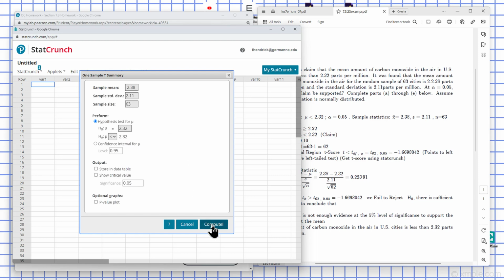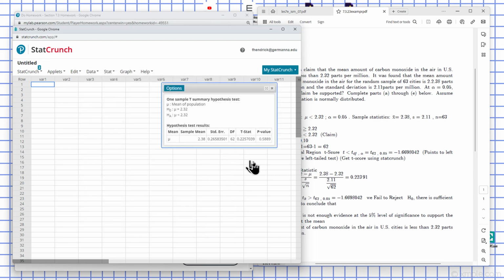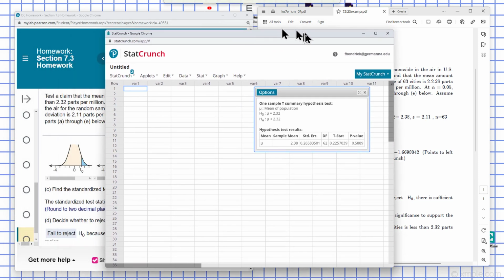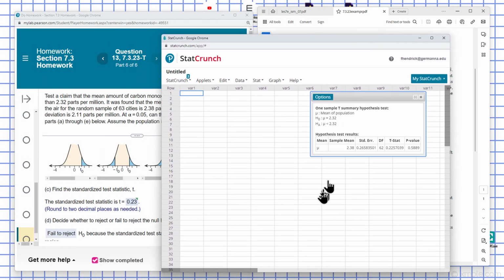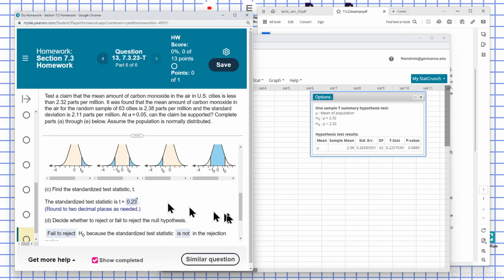Let's try it now. So now we have our test statistic there, 0.2257, and I have 0.22391, and when they round it to 2 decimal places, they have 0.23.